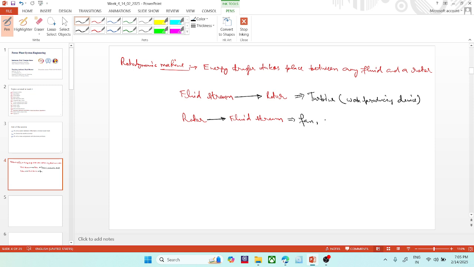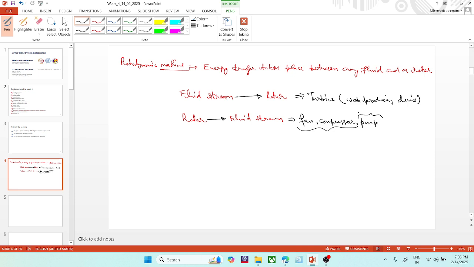If the energy transfer takes place from rotor to the fluid stream, then the examples could be fan, compressor, and pump. So here the fan and compressor deal with the gas and the pump deals with the fluids. So these are the rotodynamic machinery.